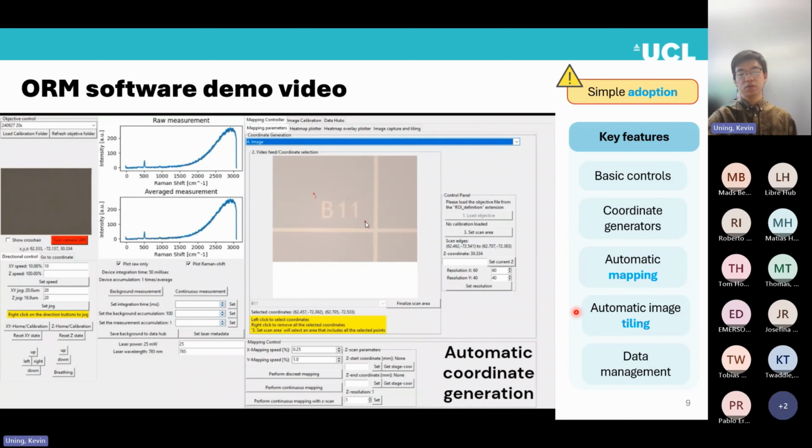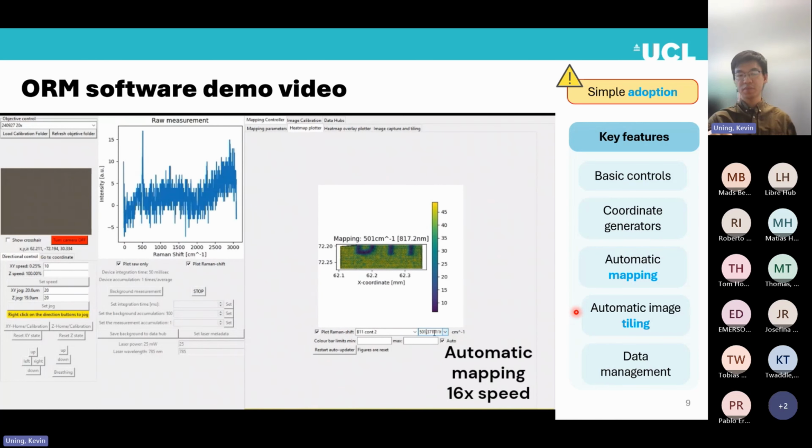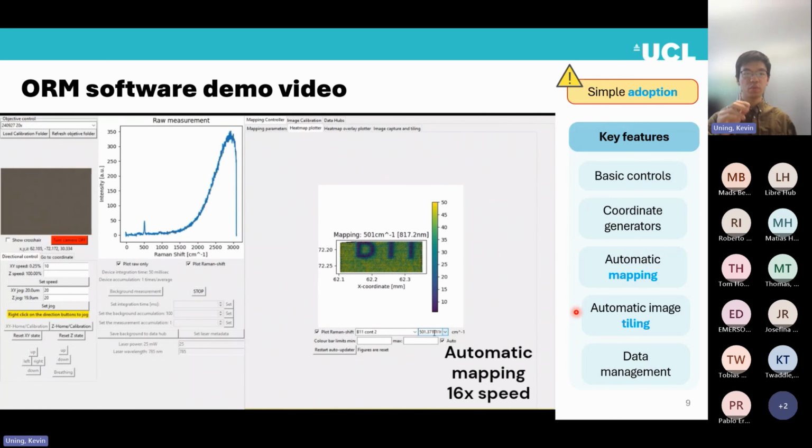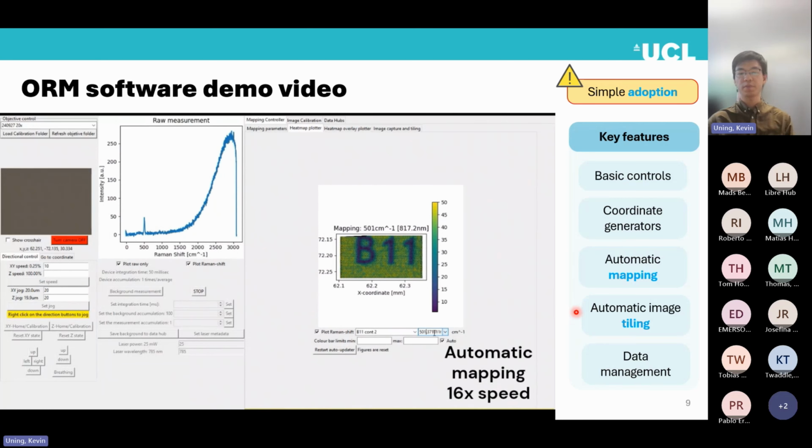So just to give you a little bit of an introduction to the software, it is capable of naturally doing some basic controls, like moving the stages around, setting the integration time of the spectrometer, among other things. On top of this, the program is also capable of automatically generating the coordinates required for mapping, and that was what you were seeing before when the user was clicking the image of this B11 mark over here.